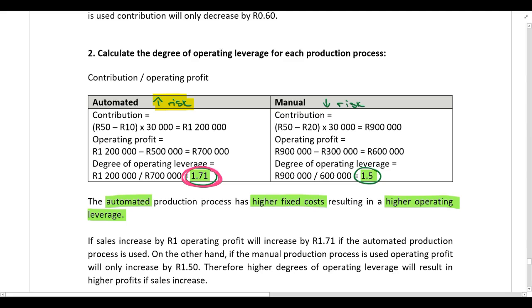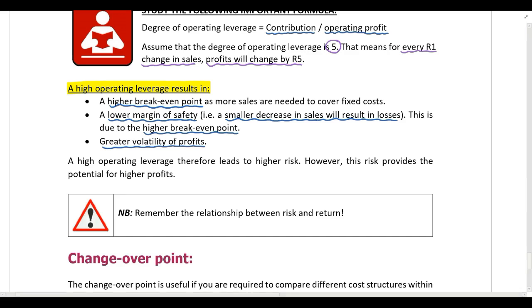The only reason why Freeman would consider taking this risk is because in good times, when sales are increasing, the automated production process will outperform the manual process because operating profit will increase by a greater extent. So a high degree of operating leverage also results in greater volatility of profits.